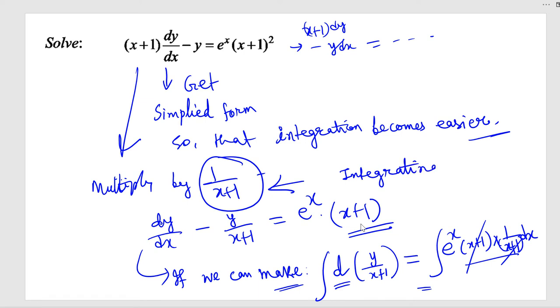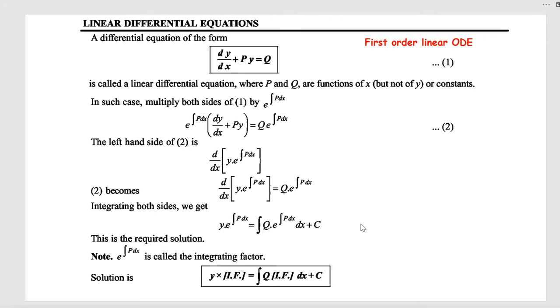which helps us make the integration possible. In fact, how to get this integrating factor? There is a systematic procedure.